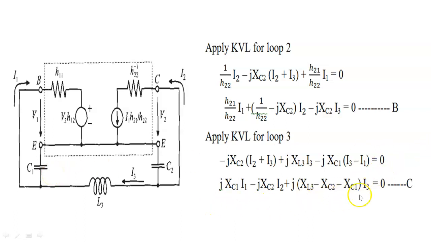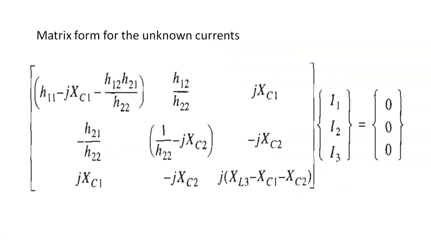We also separate this equation in terms of loop currents. So we have three loop current equations. We form a matrix for the unknown currents using these three loop current equations. So this is the matrix form of the unknown currents.